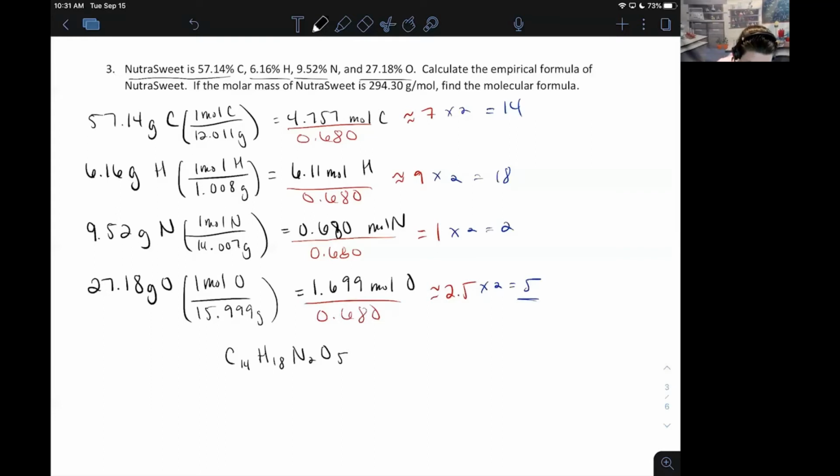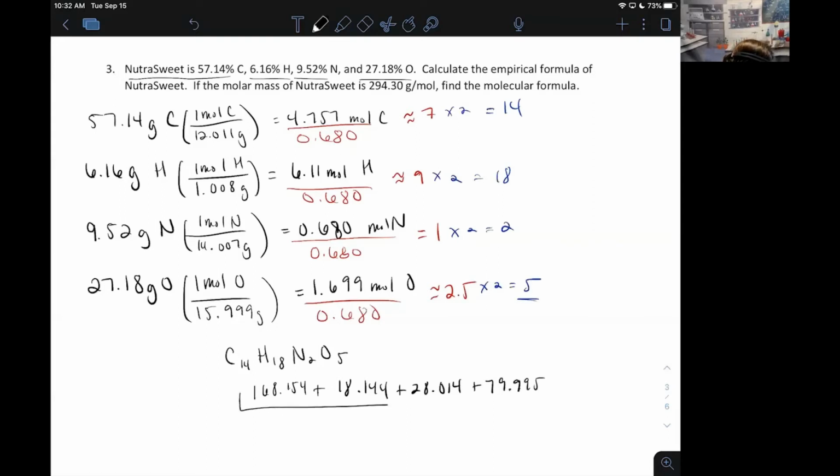So take our 14 times 12.011 gives us 168.154 plus 18.144 plus 28.014 plus 79.995.